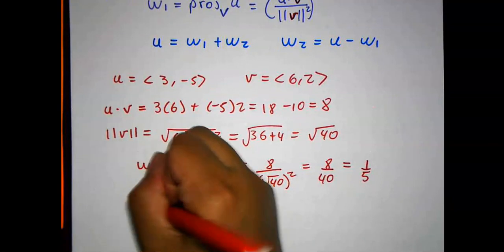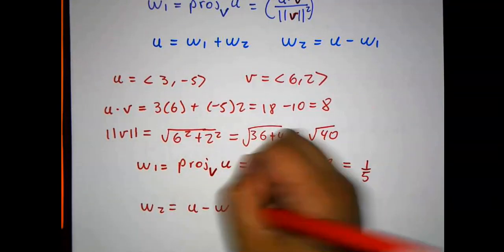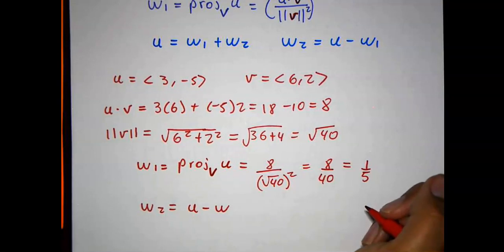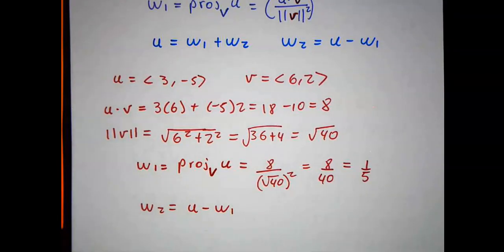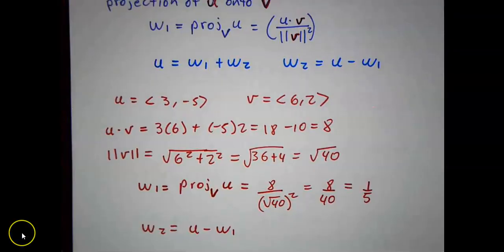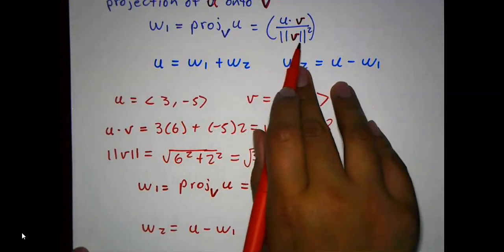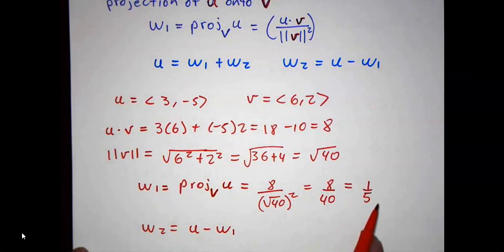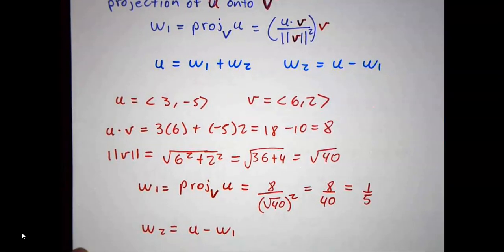To find W2, I gotta do u minus W1. Okay, give me one quick second. Right here on the projection, we have a scalar, which is a number, our 1/5. But we need to multiply times vector v.